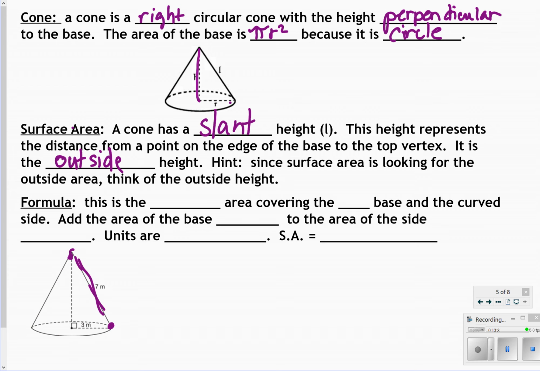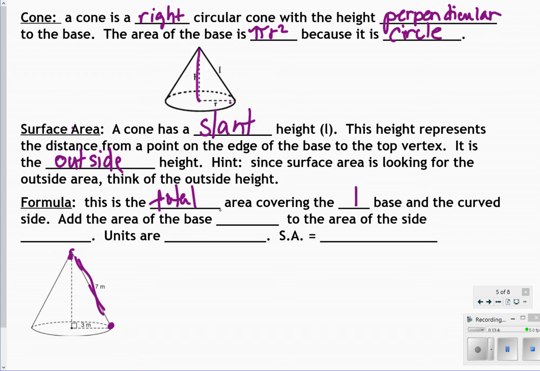So our formula for doing this is the total area covering the one base that we have and the curved side. So we're going to add the area of the base to the area of the side.